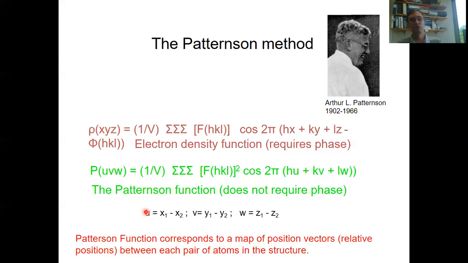U is defined as the difference between two x coordinates of two atoms in the crystal, V is defined as the difference between two y coordinates of two atoms in the crystal, and W is defined as the difference between two z coordinates within the crystal.